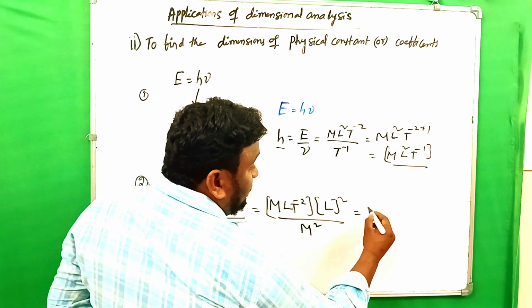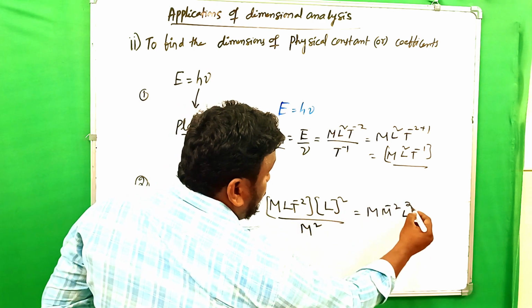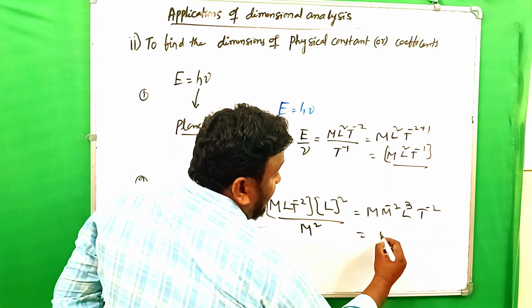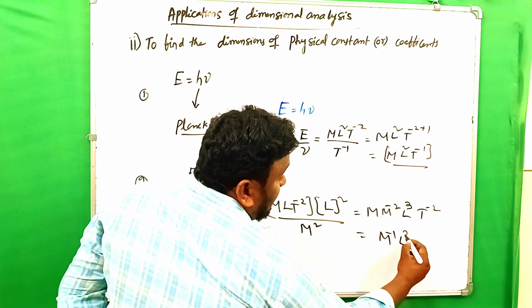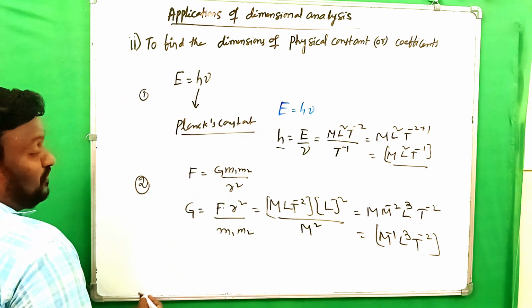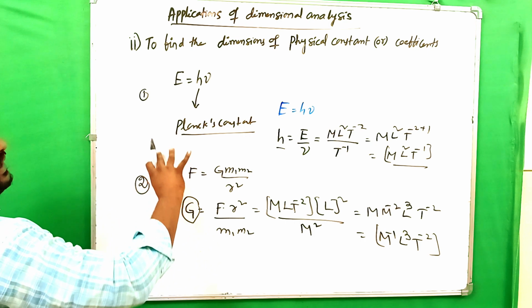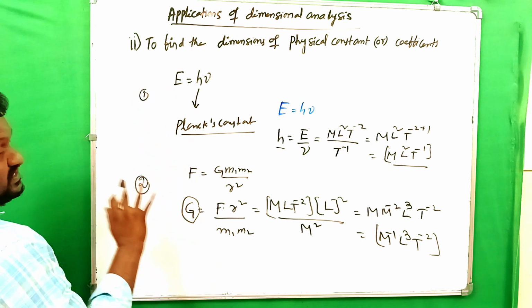Then we get M inverse 2 L square L cube T inverse 2, and now it is M inverse 1 L cube T inverse 2. So this is the dimension formula for the universal gravitational constant. In this way we can write the dimension formulas for different physical constants.